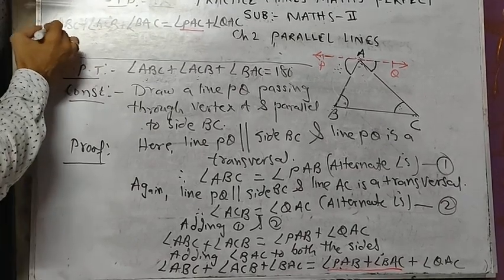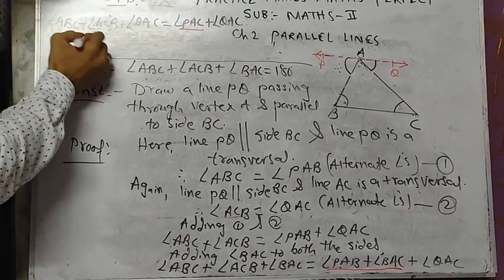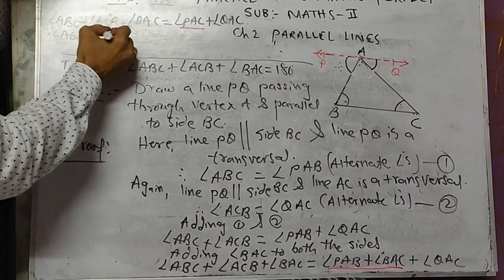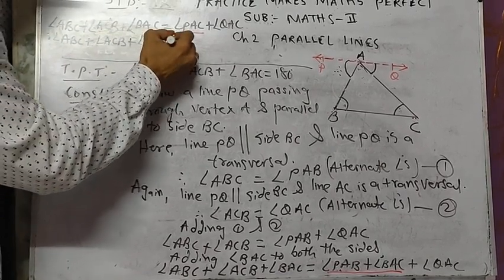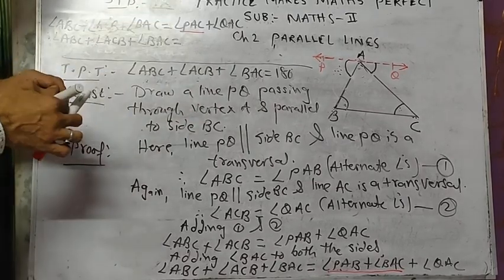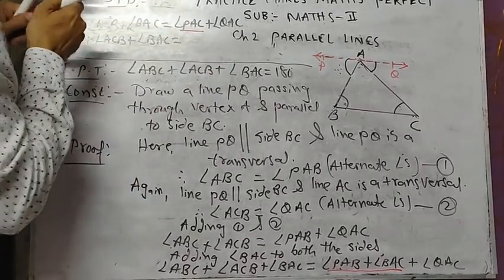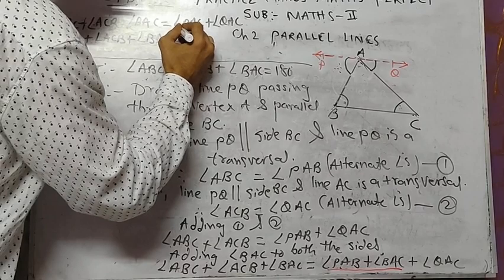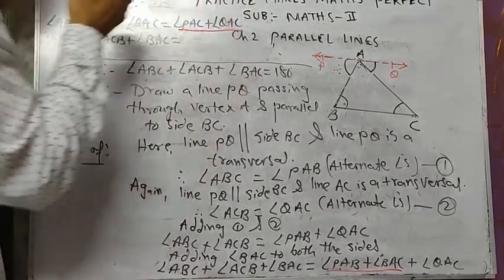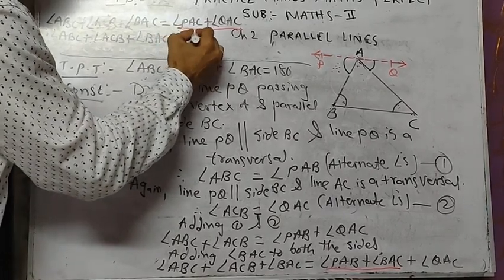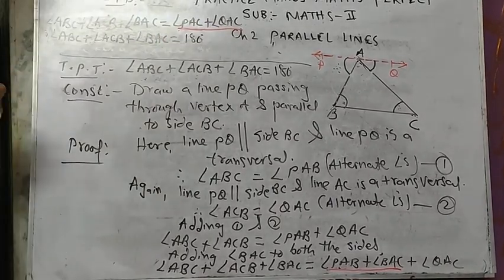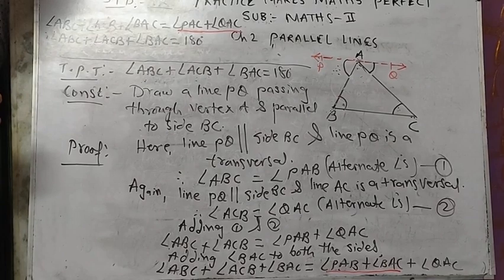So therefore angle ABC plus angle ACB plus angle BAC is equal to, if you add both, you will get 180 degrees.